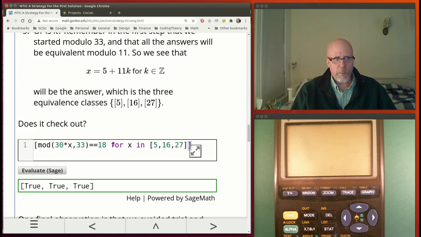I've got an expression, and then I do that for x in some set, like a range or inequality. In this case it's just the 3 numbers, 5, 16, and 27, and it creates a list with this expression evaluated at these 3 places. And those are true, true, and true.